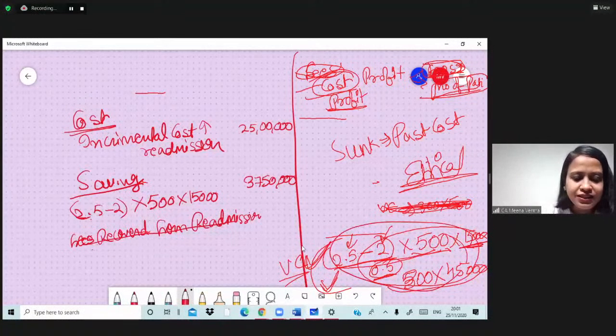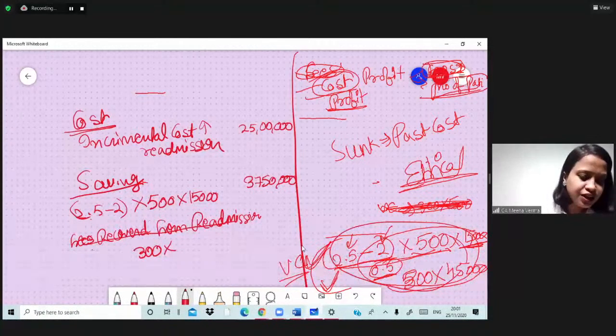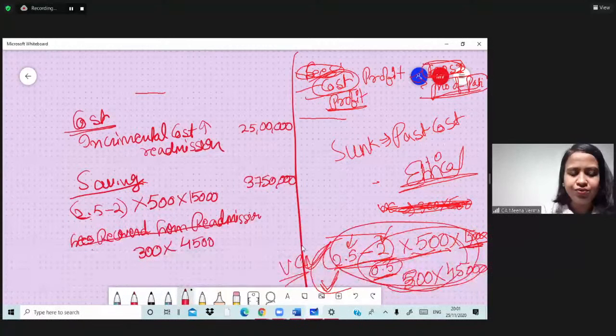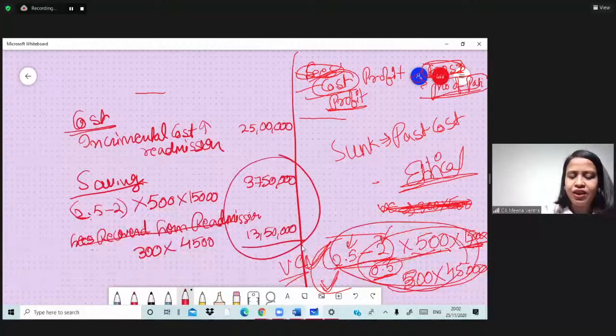What are the fees they are recovering? 300 patients are coming for the readmission, and from each patient they are recovering 4,500 rupees. So the total fees they are recovering is 13,50,000. So this is the saving they are having.